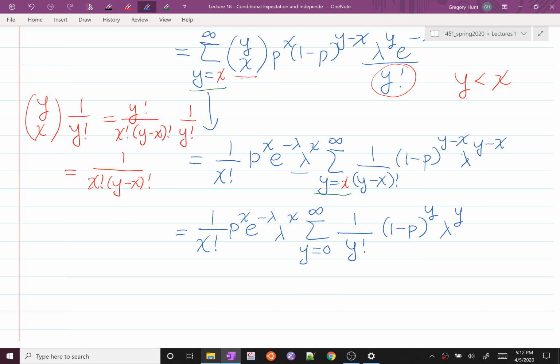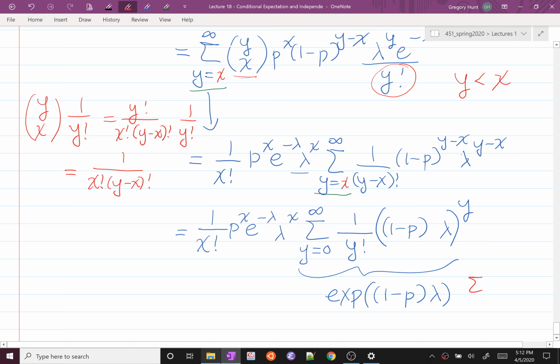And this, we've seen this before, is just e to the 1 minus p times lambda. This comes from the fact that the sum, y goes 0 to infinity of a to the y over y factorial, is just e to the a. That's the general fact we know, the Taylor series expansion of e to the a. In this case, this thing is a.